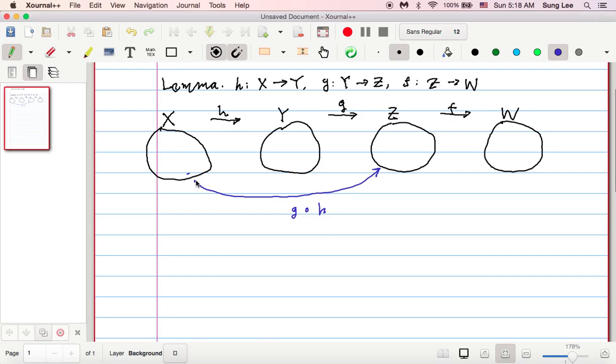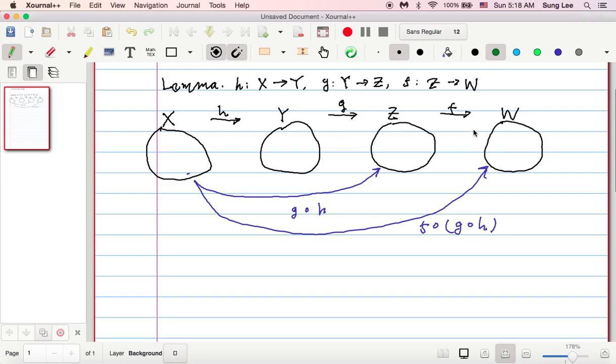So together, I will get h followed by g followed by f. So that's one way we can combine. Another way we can combine is the following.